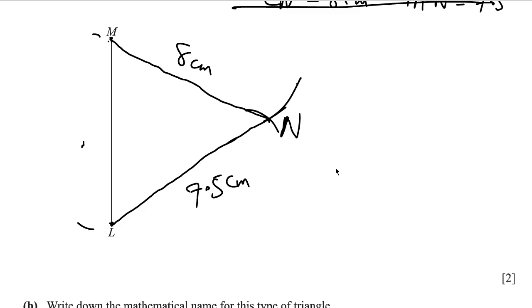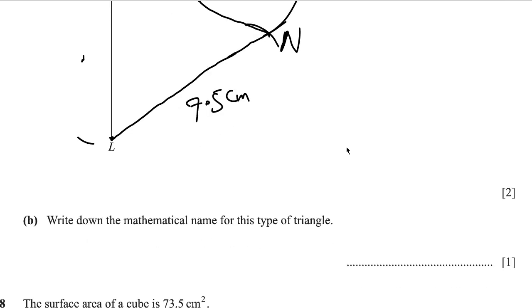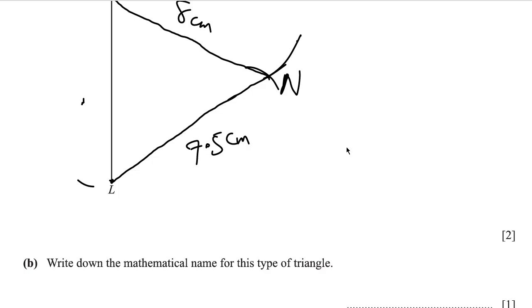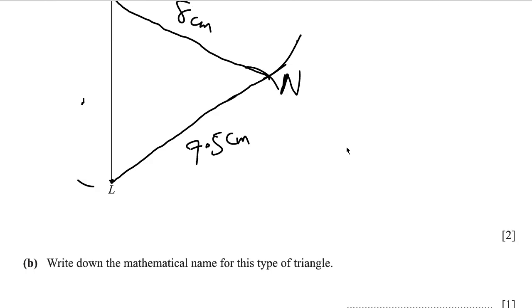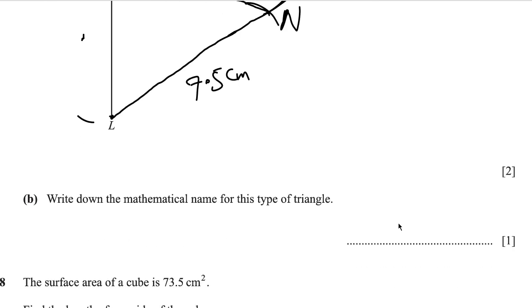In isosceles, you just have two sides equal, the other unequal. So when all are not equal, what we have is a scalene triangle. So this is a scalene triangle.